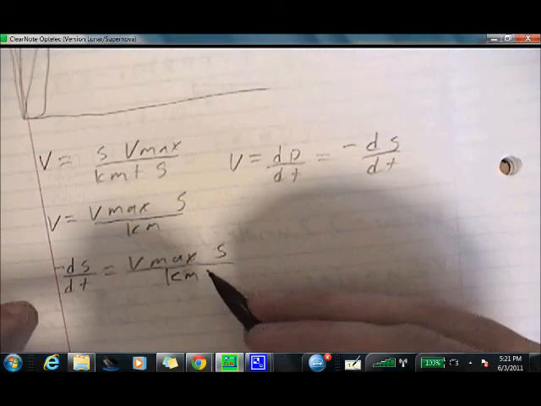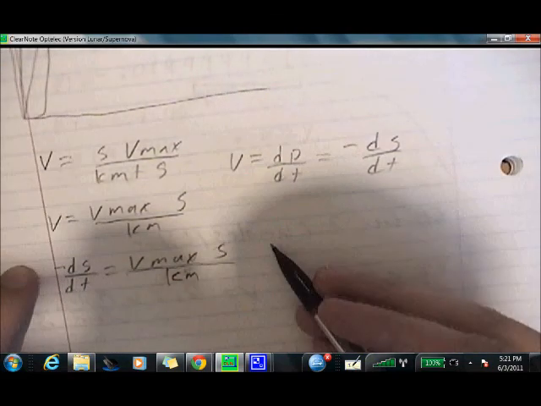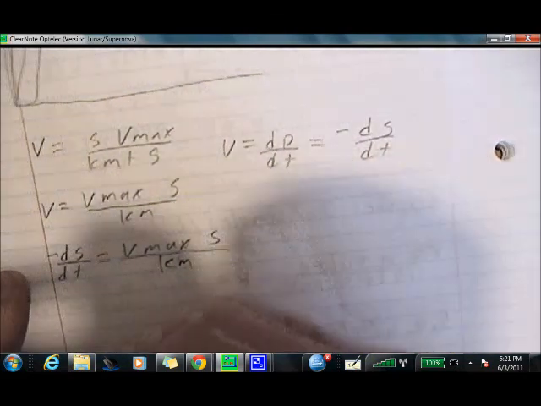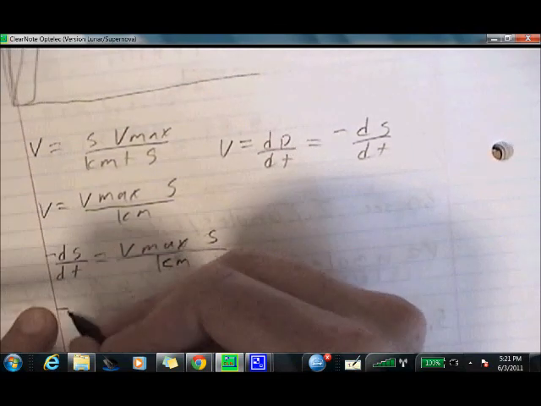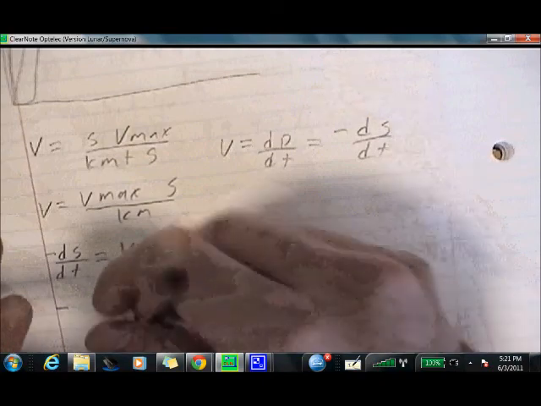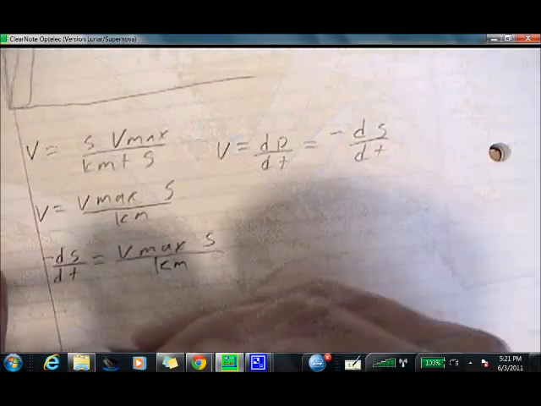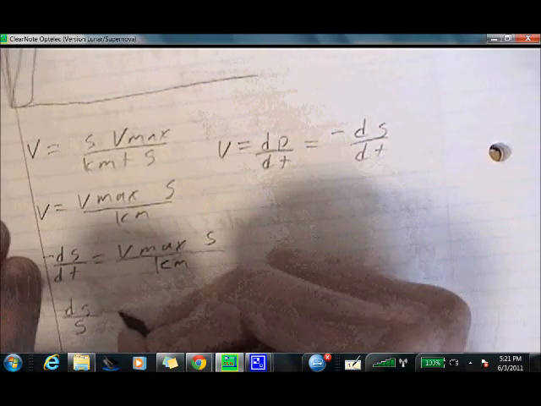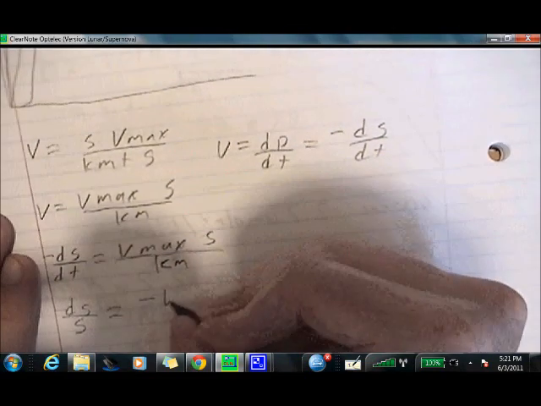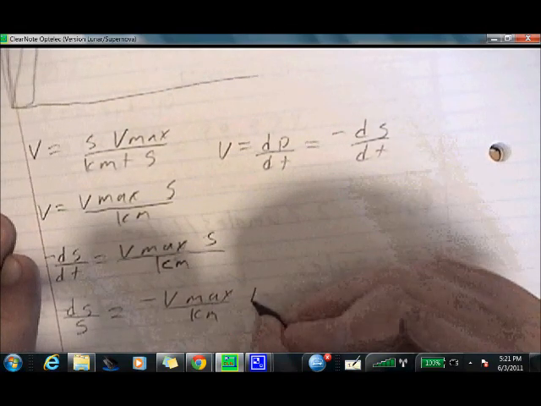What we're going to do now is take our S, divide it, and take our T times it. I'm going to take this negative over with the dt, so I'm going to multiply by negative dt. So now I'm going to have ds divided by s equals negative V max over Km dt.